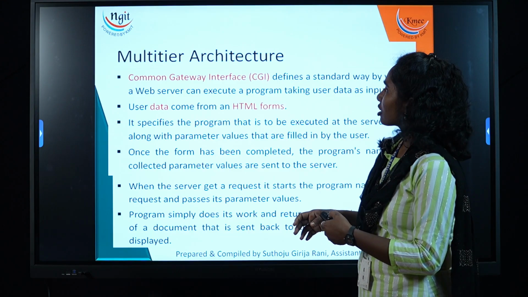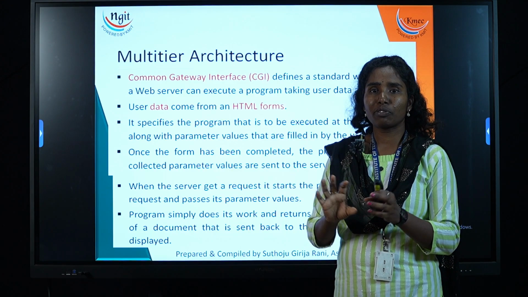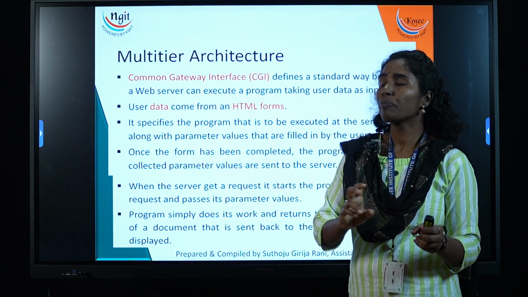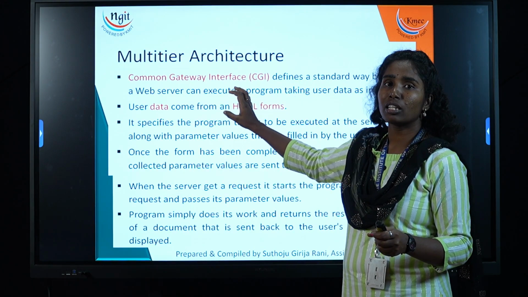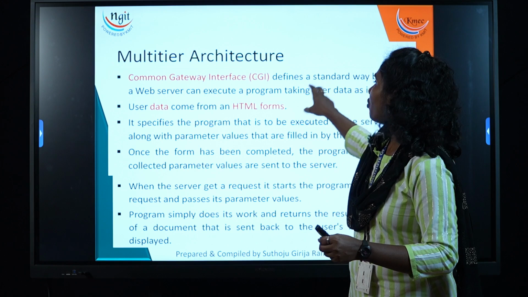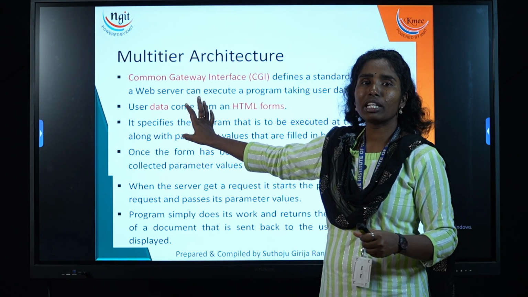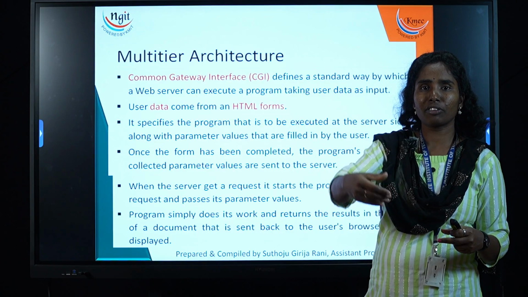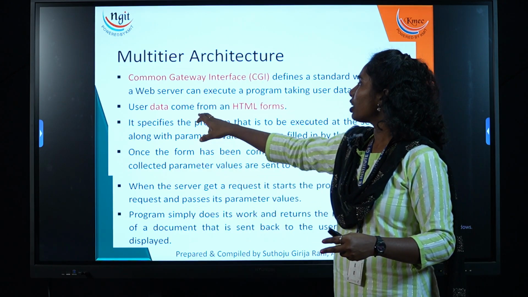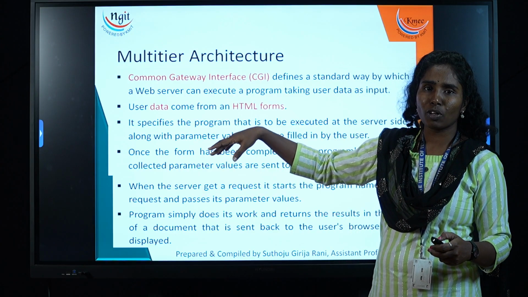Here is a multi-tier architecture. We will have a common gateway interface. CGI is called a standard way to communicate with the web server. Here we also need a user interface to connect with the data, where user data comes from the HTML forms, right?